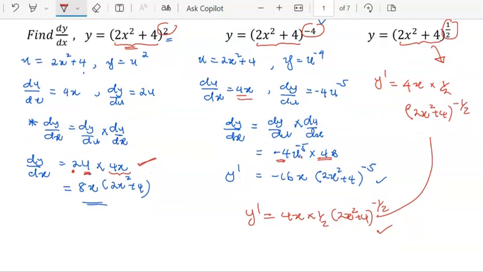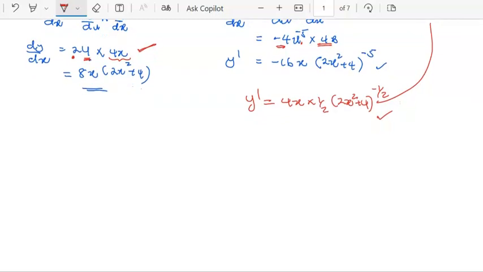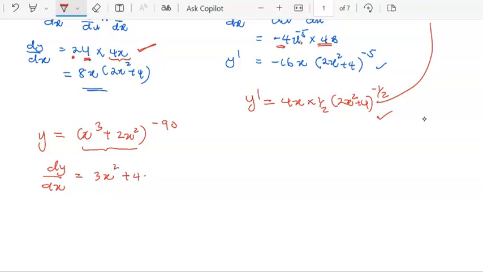Now, let us see another example. What if my function is y equals (x cubed plus 2x squared) to the power of negative 90? That means my derivative, dy/dx, if you're doing it mentally, I'll get the derivative of the inside, which is 3x squared plus 4x.